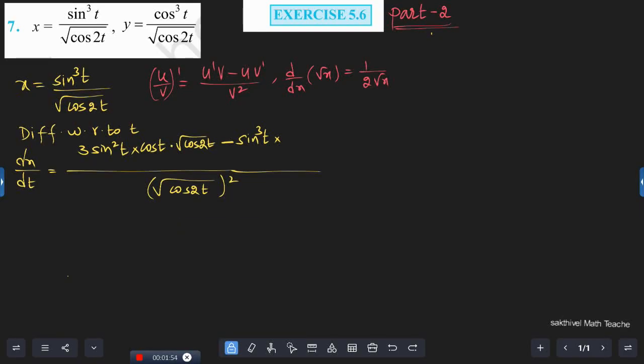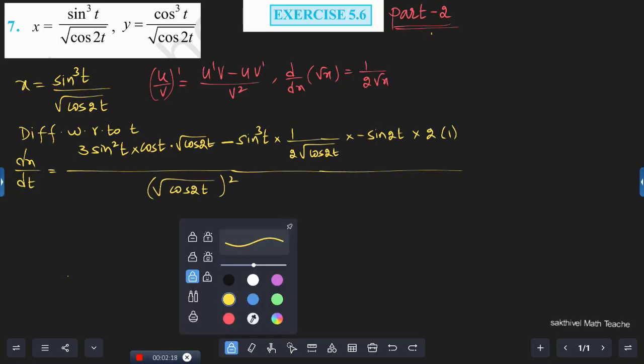In the same manner, 1 divided by 2 into square root of cos 2t we multiply. This is for the root derivative. Inside, cos 2t we have to differentiate. Cos when I differentiate gives minus sine 2t, you will be multiplying. Again 2t when you differentiate, I get 2 into t derivative, 1. So this is what we are getting at present.